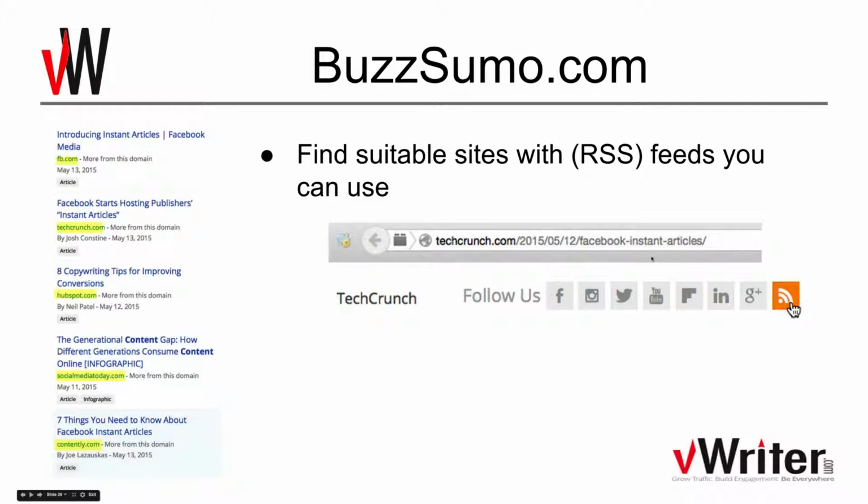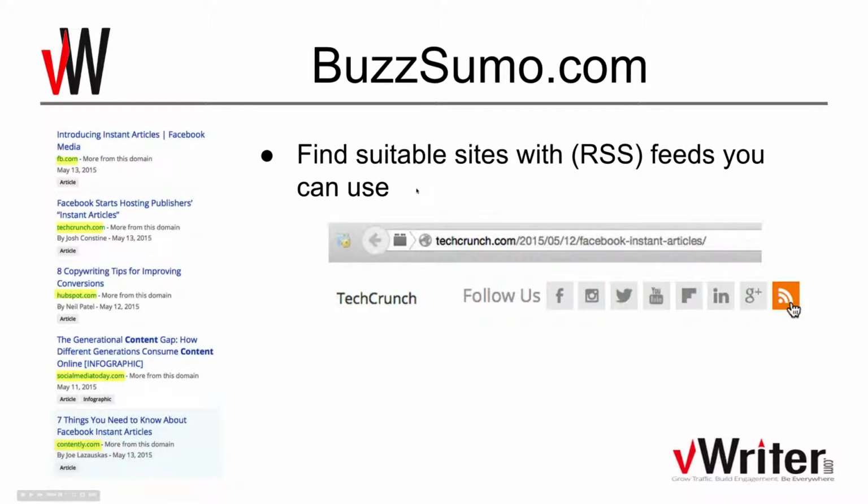So there's an example here from TechCrunch. I went straight onto the website, and towards the top was one of these RSS symbols. So if you see an icon looking like that, it generally means it's got an RSS feed. Not all websites will display that, even if they do have a feed.